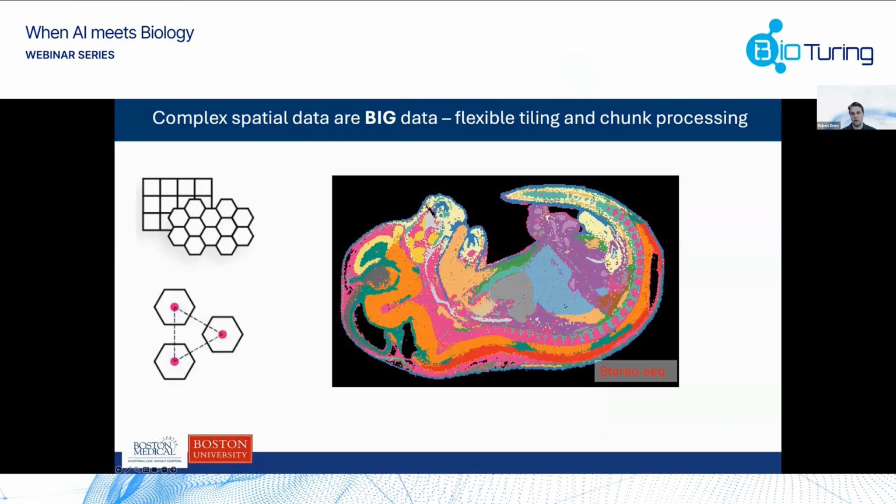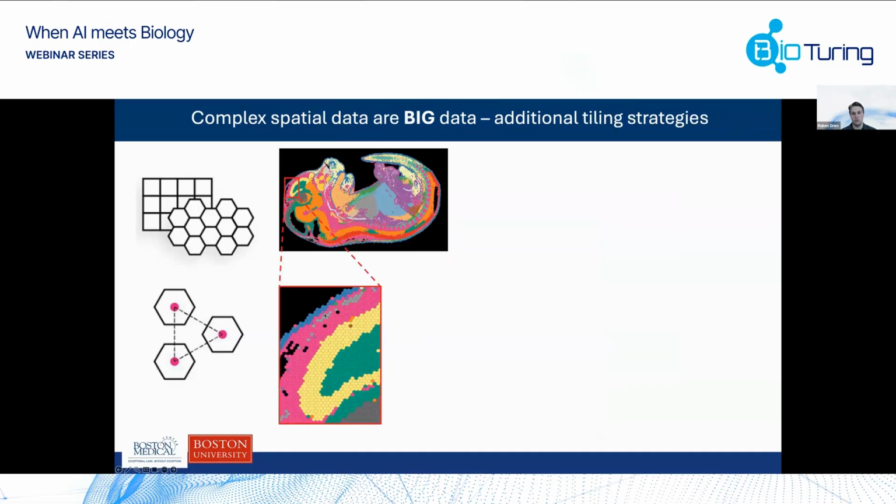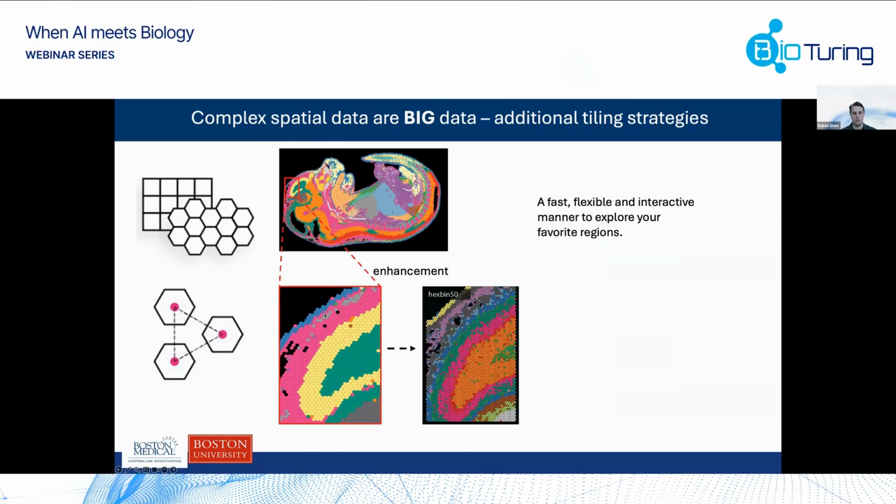The approach that some students in my lab took is, hey, you just use a larger approach, and then you're interested in an area, let's say this area, which we believe is the brain. You can zoom in, re-segment or re-tile that area in smaller hex bins or whatever information you have. And then you can do another set of analysis at a much higher resolution level.